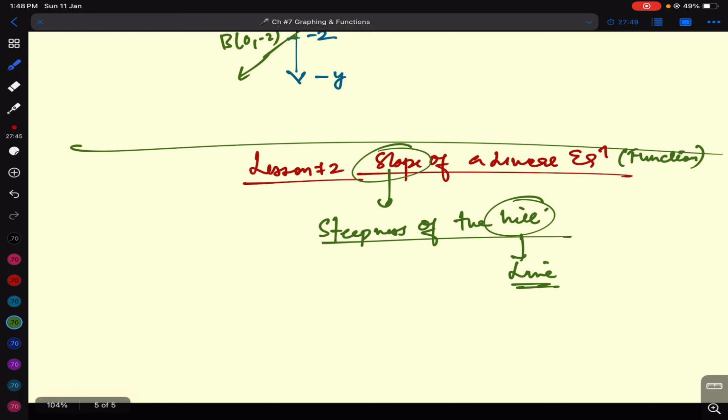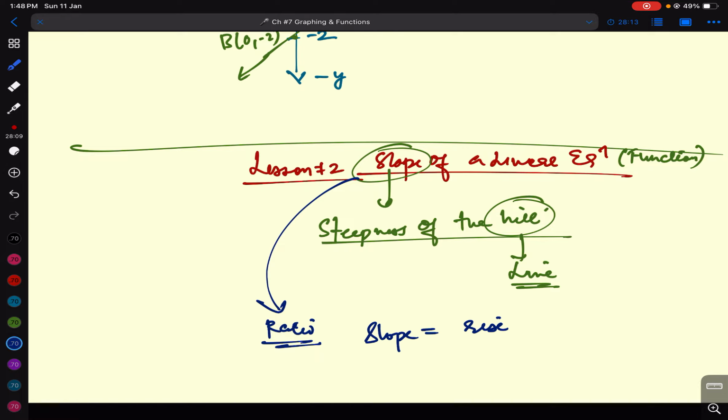How do we define the slope in terms of ratio? It is basically the ratio of the vertical change between the 2 points, which is known as rise, to the horizontal change between the same 2 points, which is known as run. So slope can be written as rise over run. What is rise here?